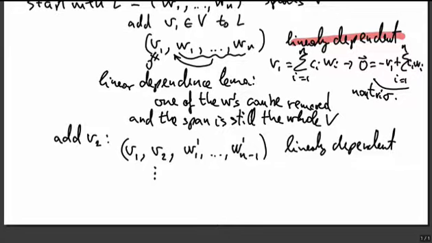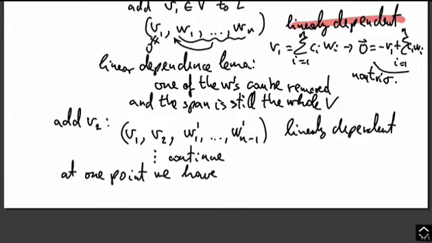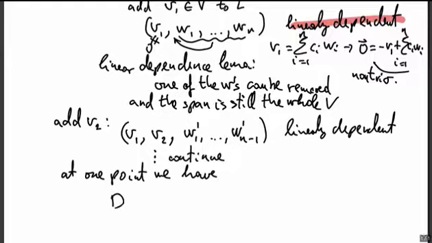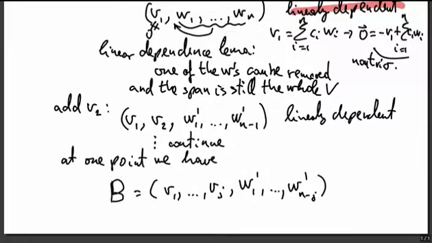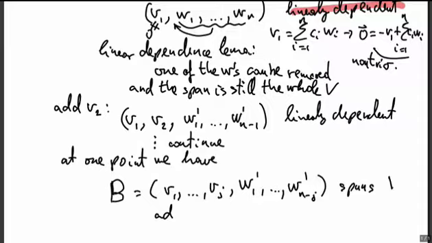Let's say that at one point, after we continue this process of adding and subtracting vectors, we have a notation for this list B, with vectors v1 through vj added to it, and then w1 prime through w n minus j prime. We removed some of the w's already. And this spans V.